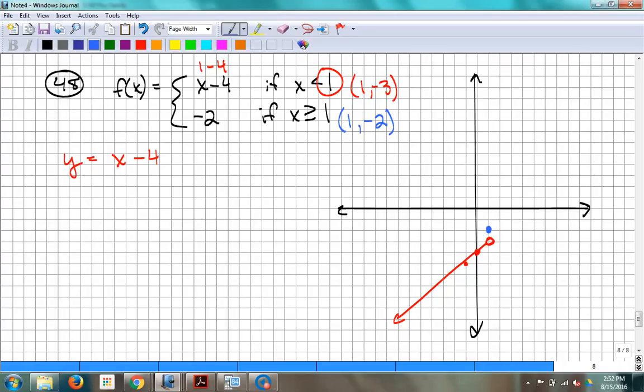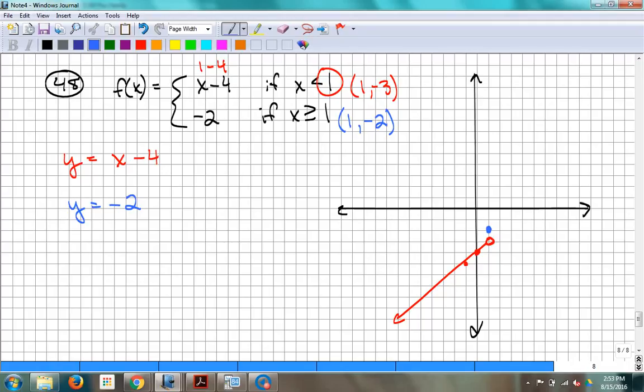And now, what does the equation y equals -2 look like? Y equals a number is a straight line, straight across, right? So it's going to go straight across. Which direction? Well, greater than tells me to go to the right.